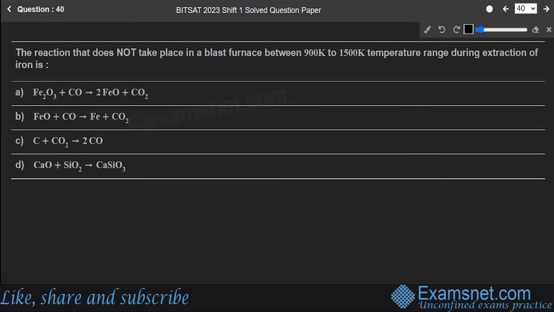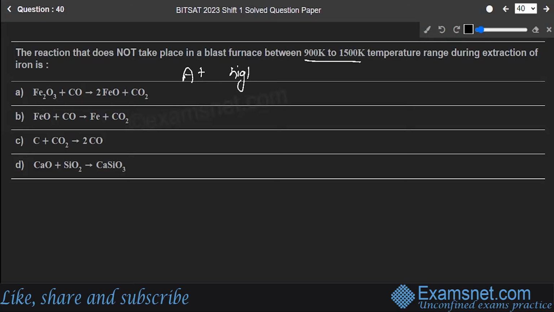The reaction that does not take place in the blast furnace between 900 Kelvin to 1500 Kelvin temperature range during the extraction of iron is. Okay, let's list down some of the reactions that take place at this much temperature.